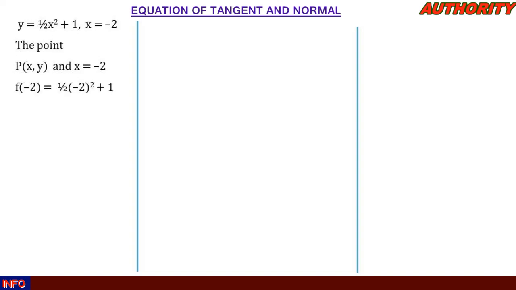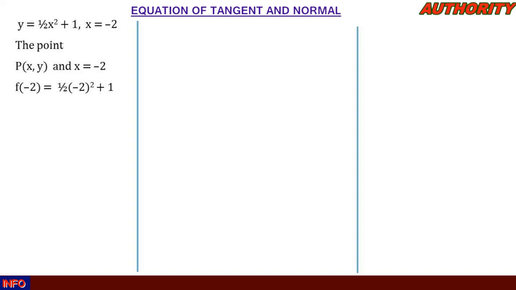So here we say f of x. That means in the function that we have, let's plug in the value for x. We have y is equal to 1 over 2 x squared plus 1. In place of x, let's replace it with minus 2, which is the value of x. We are going to have 1 over 2 open bracket minus 2 squared plus 1.